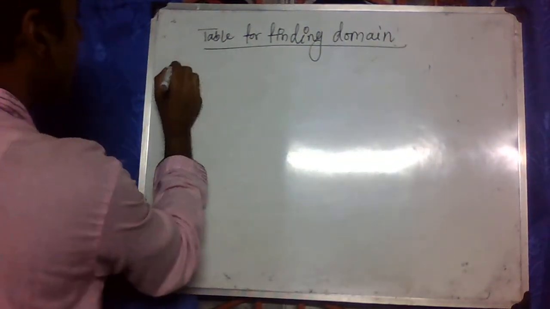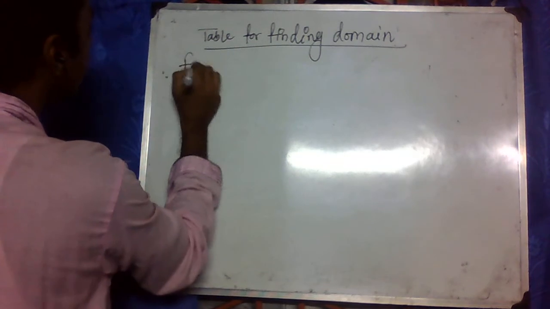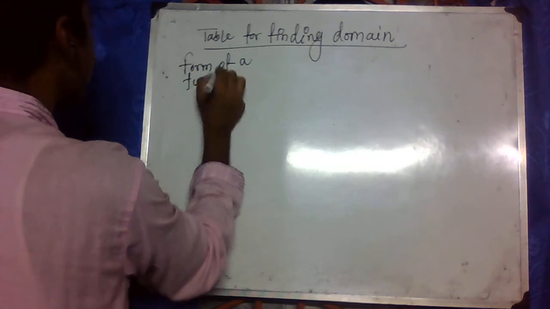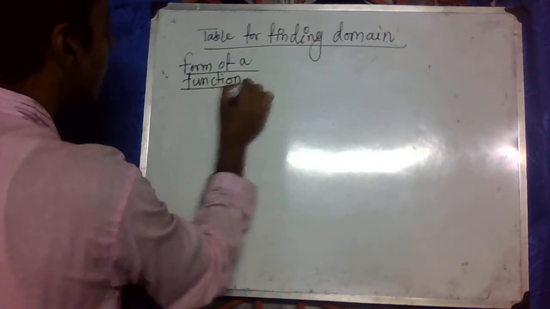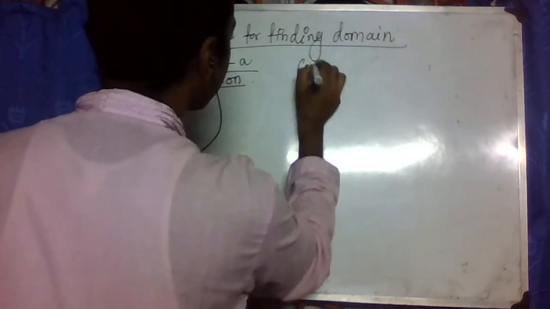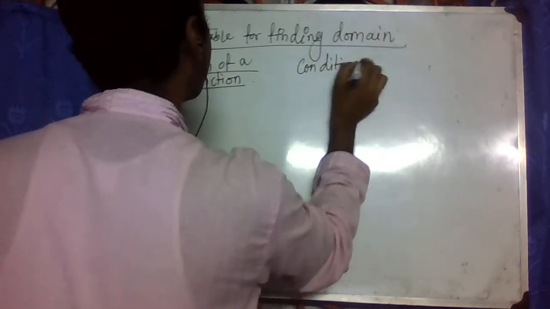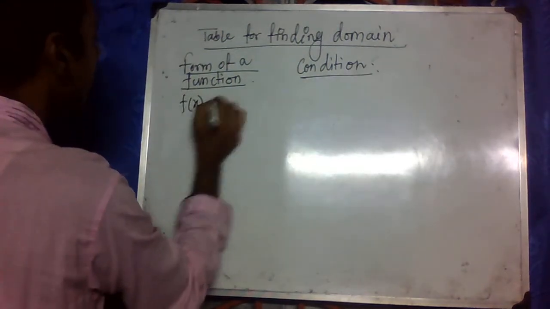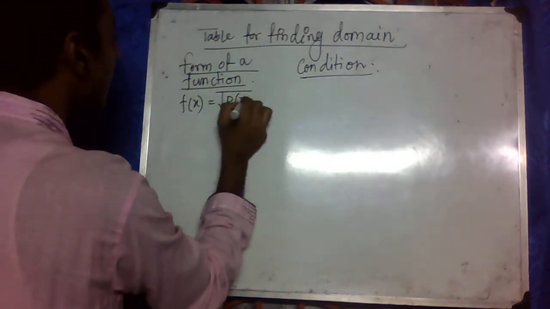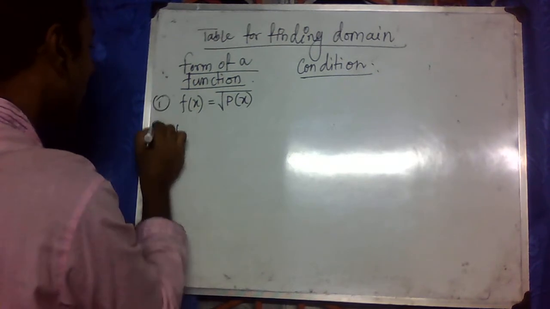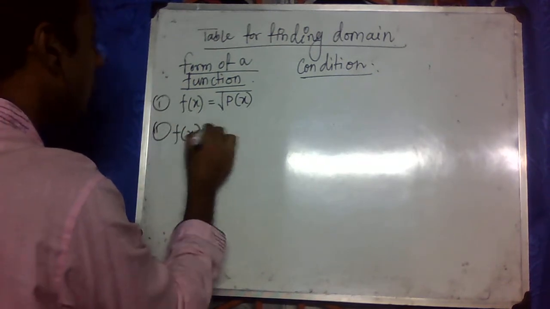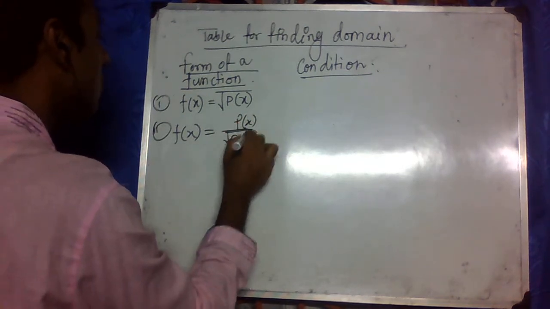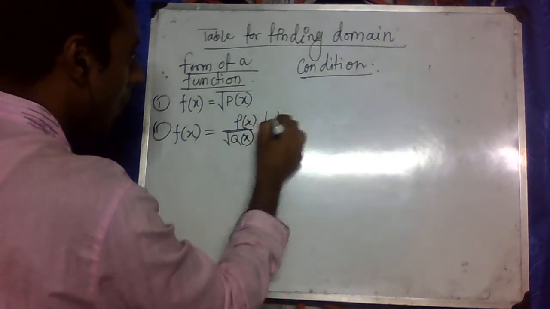Now, form of a function, condition. Form of the function: number 1, f(x) is equal to p(x). Number 2, f(x) is equal to 1 by p(x) by root over q(x), or 1 by root over p(x).